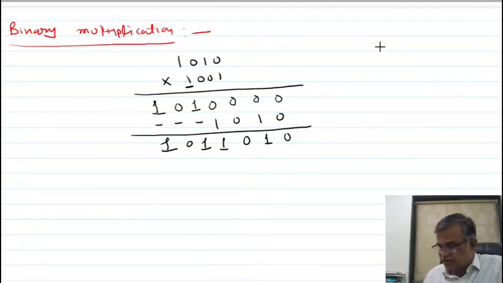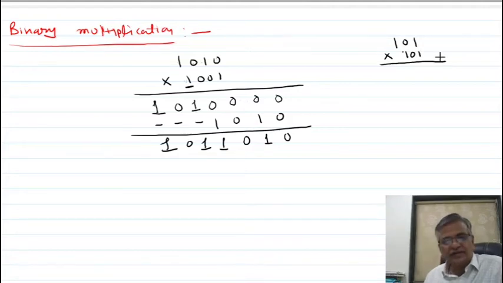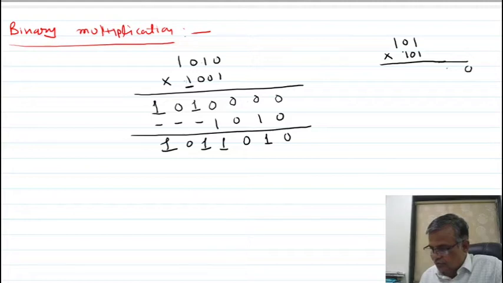Now, the simple way: 101 multiplied by this, this is 101. For the first two digits I am putting 0, keep a space, 1 multiplied by this 101. For the second you can write 0 0 0 0.